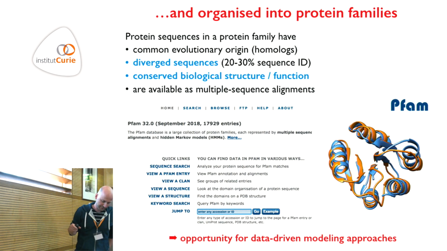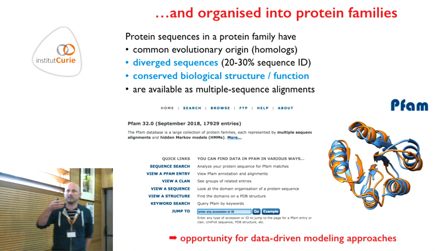But if you take any of these individual proteins and introduce a small percentage of random mutations, it's very likely that you destroy this protein. So the strong variability must somehow have traces of what is conserved in the structure and function.